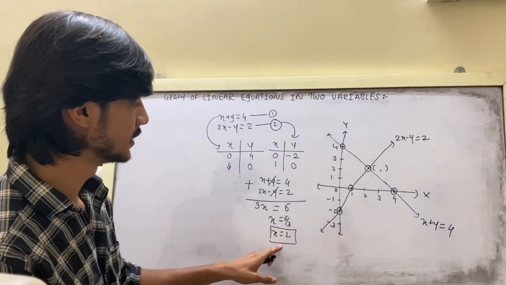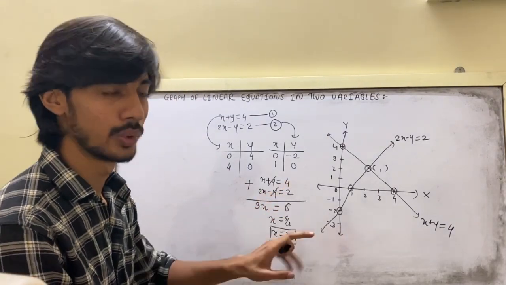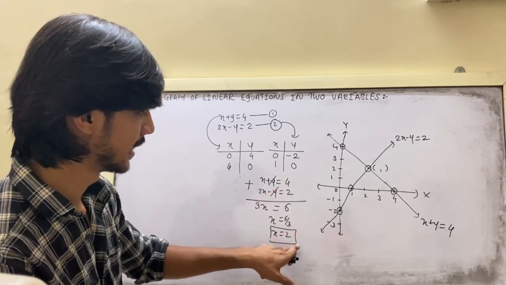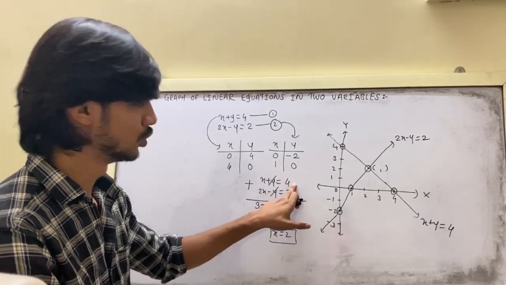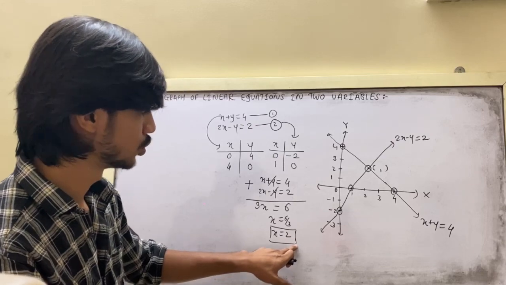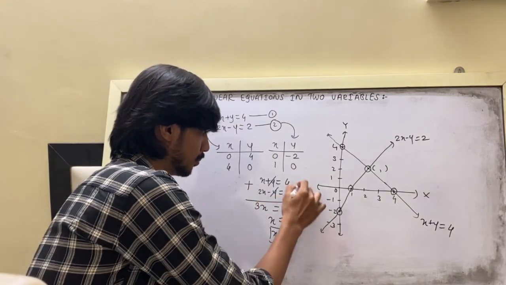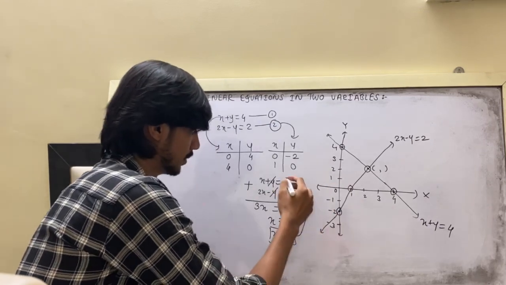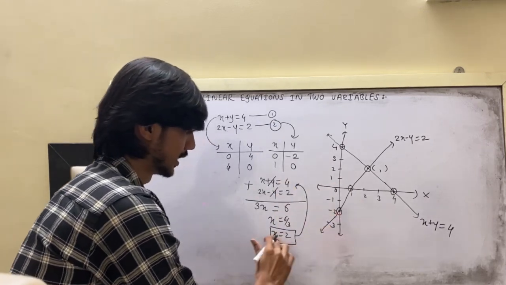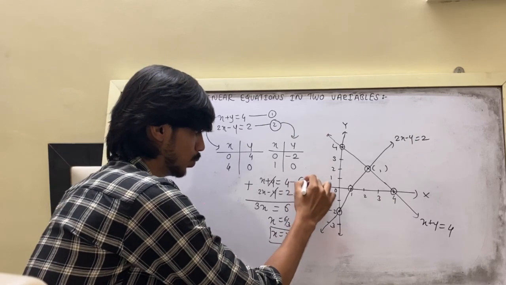Then you can put x equals 2 in any equation. If you want to put it in equation 1, your choice. If you want to put it in equation 2, your choice. I'm putting x equals 2 in equation number 1.